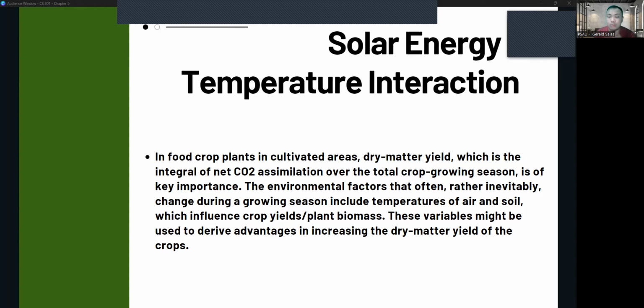So these variables might be used to derive advantages in increasing the dry matter yield of the crops. So we have to monitor yung ating air and soil temperature when we are talking about crop yield and plant biomass.